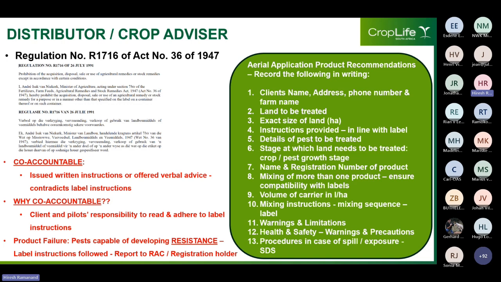Now, in the case of a target pest which does not have resistance issues, and where the product was used strictly according to label instructions, then as I covered under the registration holder, the farmer producer making this claim will have to substantiate the claim with the chemical analysis, proving that the product is not of the chemical and physical properties as claimed on the registration thereof, which must be submitted by the farmer producer to the registration holder of the product and not the distributor or crop advisor.